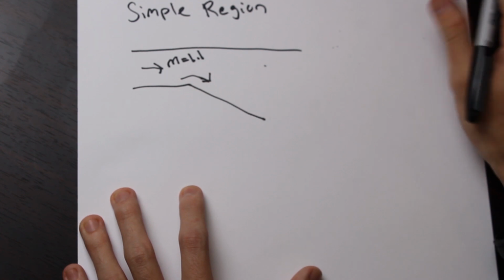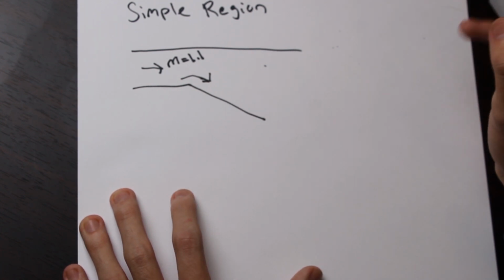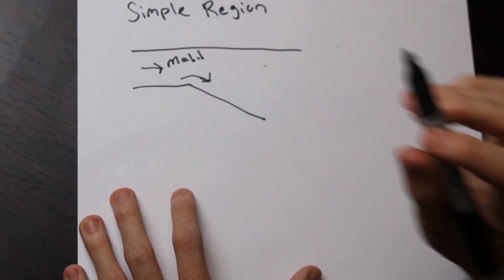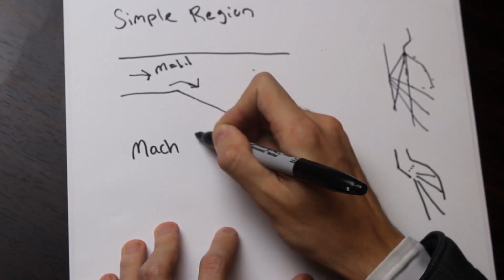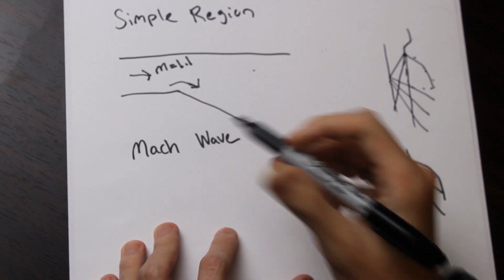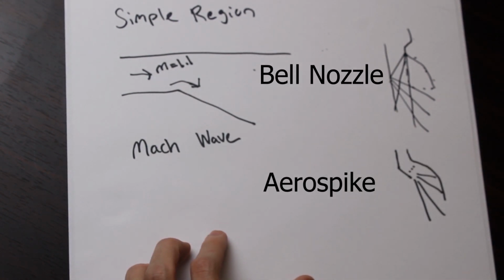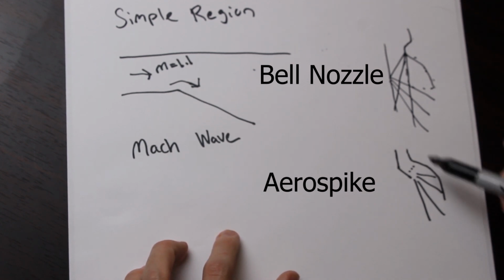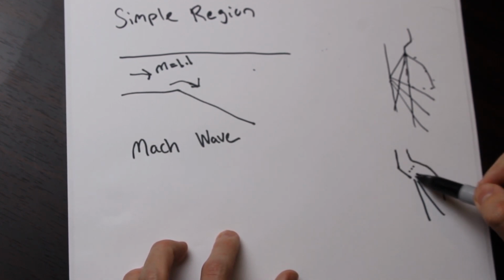And in a simple region, it turns out that it's relatively simple to calculate how the flow behaves as it transitions through this region. So the last thing we want to get out of the way before we start talking about how to design this is called a Mach wave. So a Mach wave is kind of what's going on here in this expansion fan.